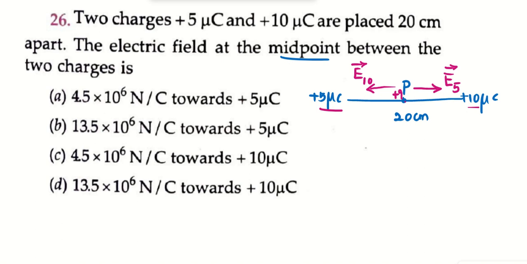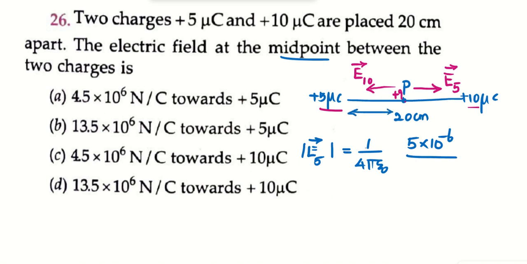So let's find out the electric field due to point charge plus 5 first. We are going to find out the magnitude of the electric field. That's what is asked here. So E equals 1 by 4 pi epsilon naught, 5 into 10 power minus 6, divided by the distance of P from 5 microcoulomb, which is half of this, that is 10 centimeter, actually 0.1 meter, so 0.1 meter squared.